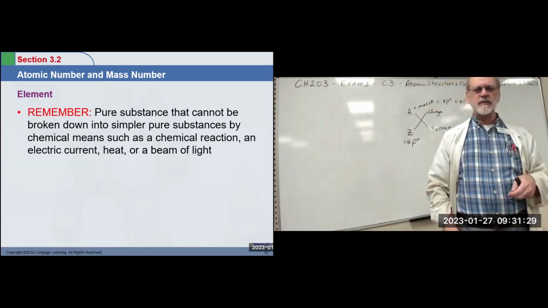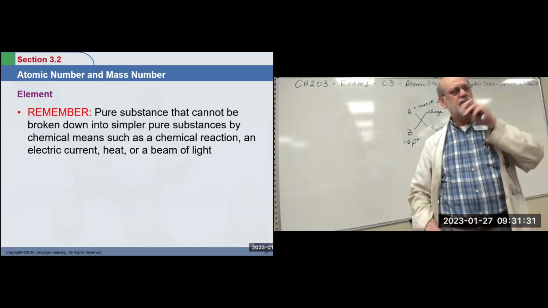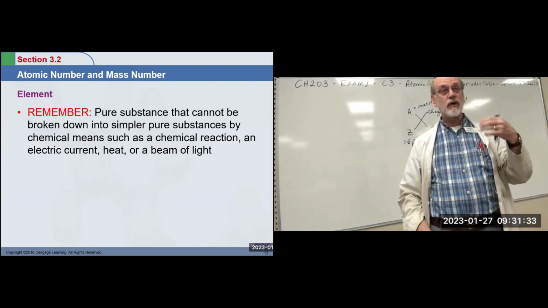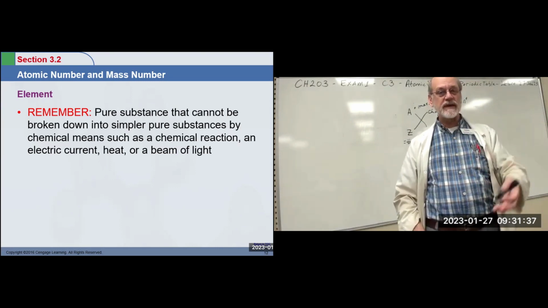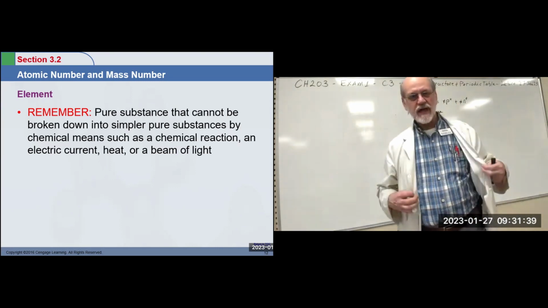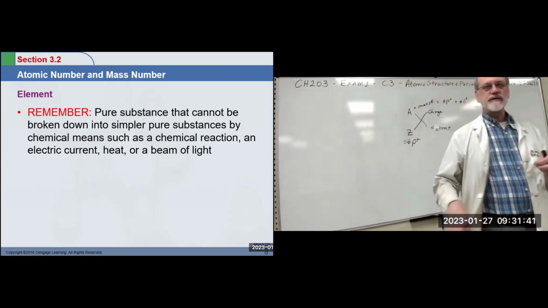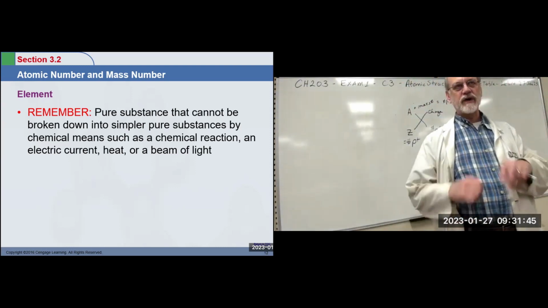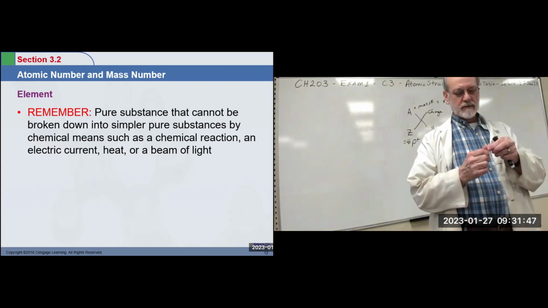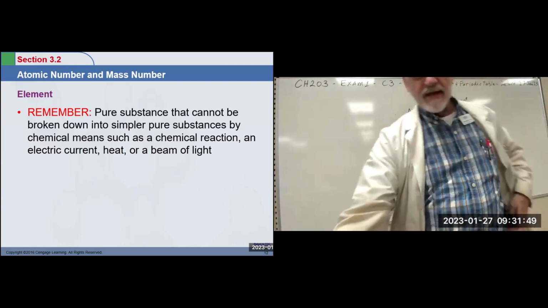I think we covered this before. By definition, an element is any pure substance that can't be broken down further into simpler substances by chemical means. In other words, you can't shock it with electricity or heat it up high enough or hit it with a beam of light and break it apart. That's an element.